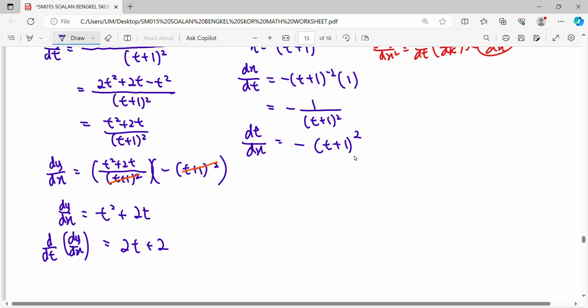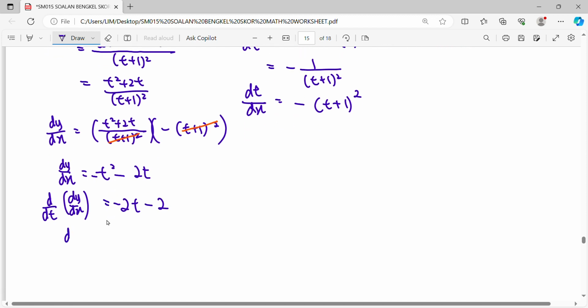Alright, so don't write it as d2y/dx squared when you differentiate again, because it is with respect to t, not with respect to x. Then, when you really want d2y/dx squared, it will be this differentiation times dt/dx.